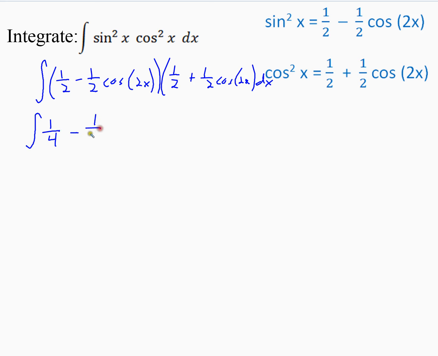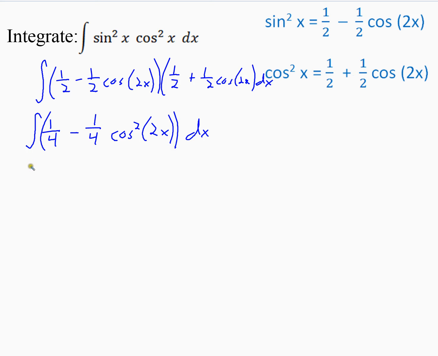So we got a 1/4 minus 1/4 cosine squared 2x dx. And we're back to having a square in here still. So now we're going to actually substitute a second time, and we're going to use the cosine squared identity.